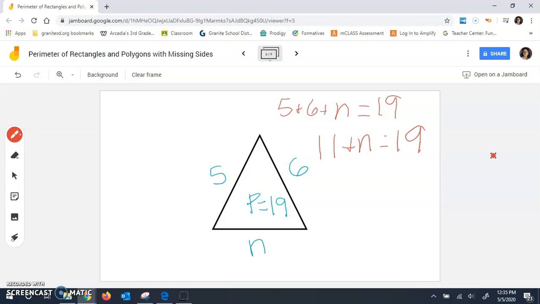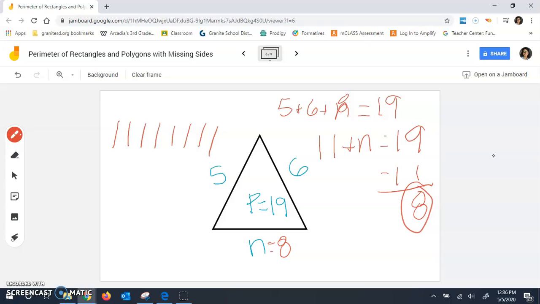You could count up 11, 12, 13, 14, 15, 16, 17, 18, 19 on your fingers, or you could subtract 19 minus 11. 9 minus 1 is 8. 1 minus 1 is 0. And so our n is equal to 8, because if I put my 8 here, I would get 19.